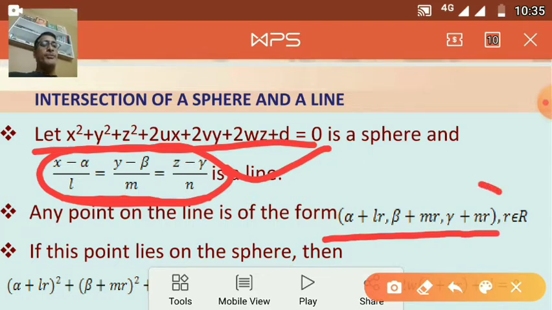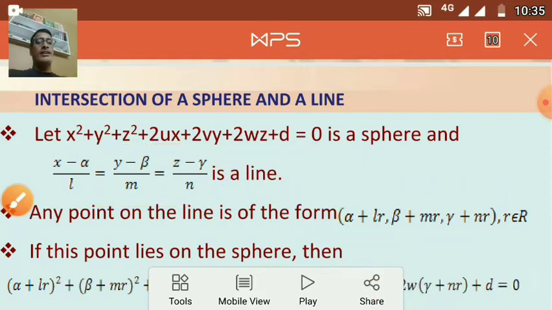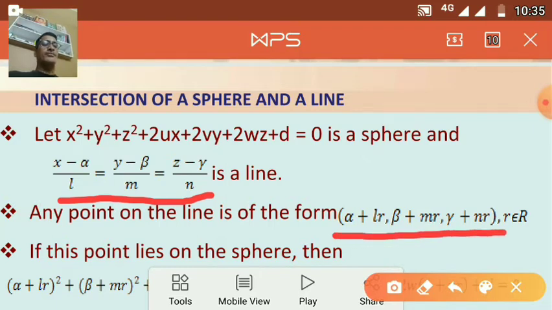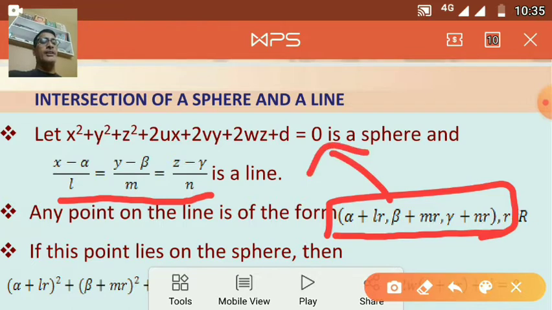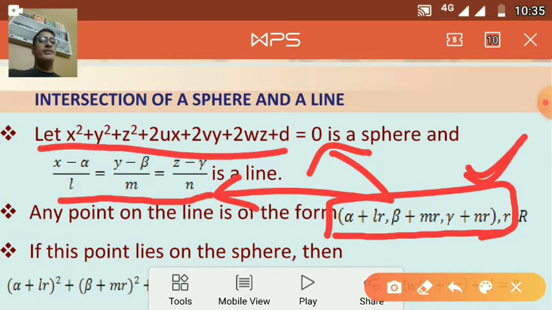If this point is a common point of this line with this sphere, once again, any point on this line is of this form. If this point also lies on this sphere, that means if this point is a common point to the line and the sphere, then obviously this point satisfies this equation.